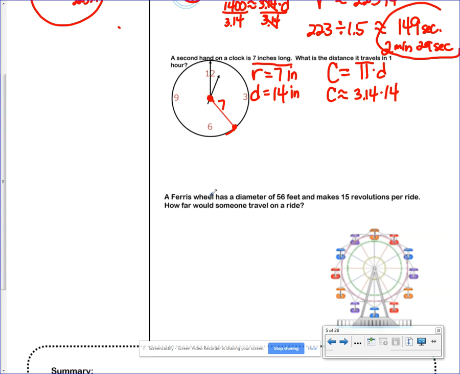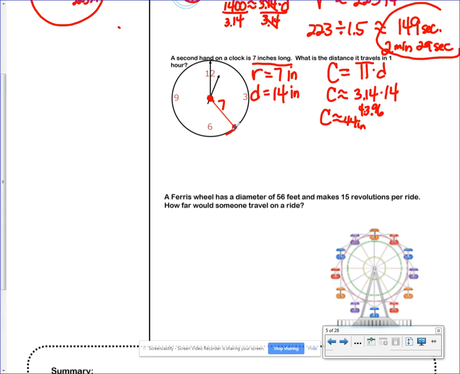Diameter is 14. 14 times 3.14 is 43.96, which is pretty close to 44. So let's just say once around the circle, one circumference, is about 44 inches.